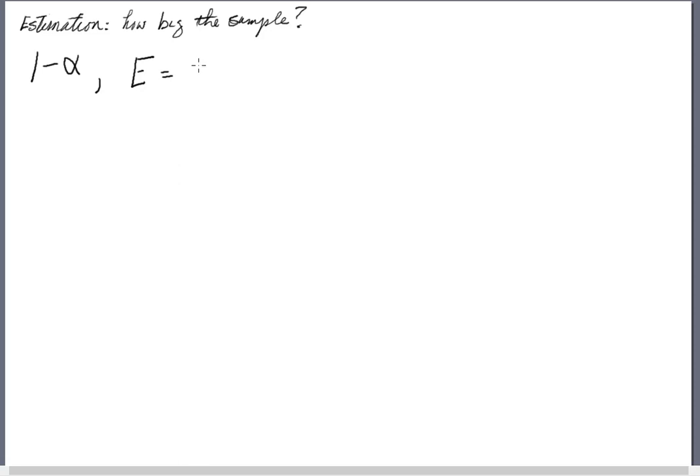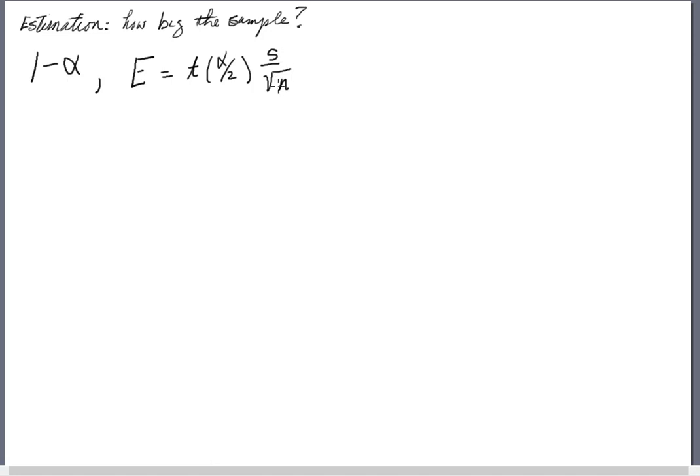The symbol is E, and that's defined as t alpha by 2, degrees of freedom, of course, and then S over the square root of n, where S would be the sample standard deviation. So we've got how precise our estimate is and how much confidence we have in that estimate.